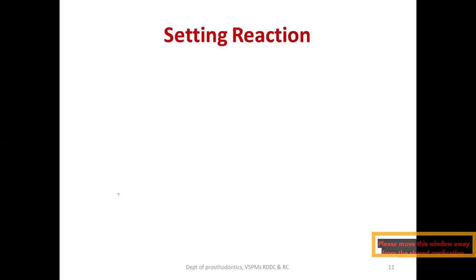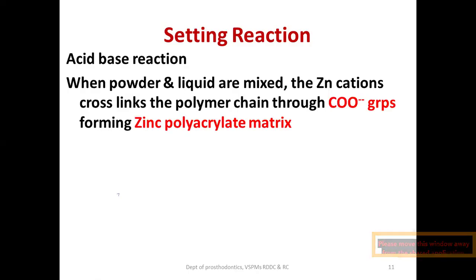Now let us see the setting reaction. Yes, it is an acid-base reaction cement. When the polyacrylic acid is mixed with the zinc powder component, the zinc cations from the powder cross-link the polymer chains through the carboxylic group, that is the COO group, forming a zinc polyacrylate matrix.